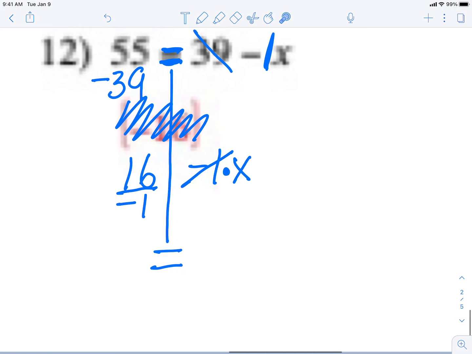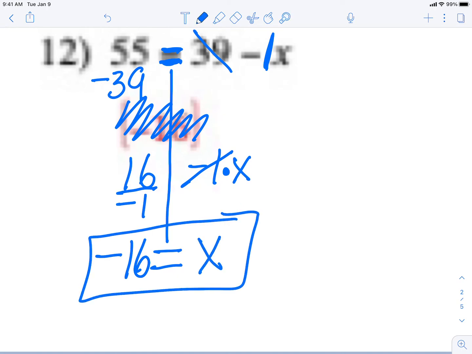So, as we remembered, positive divided by a negative is a negative, and 16 divided by 1 is 16. And now our x can come down by itself, just like that. And there we go. That is our number 12.